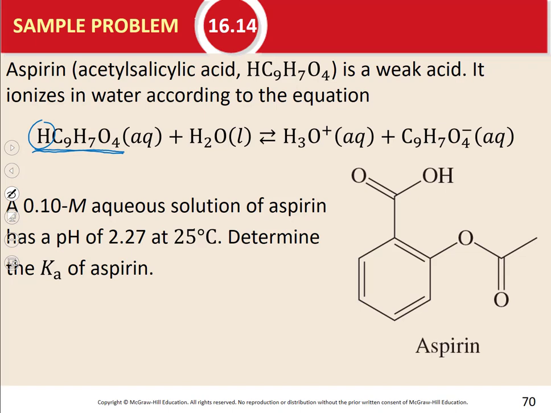All right. So the question is, a 0.1 molar aqueous solution of aspirin has a pH of 2.27 at 25 degrees Celsius. Determine the Ka of aspirin. So go ahead and use the method we just used and see if you can find the Ka of aspirin.